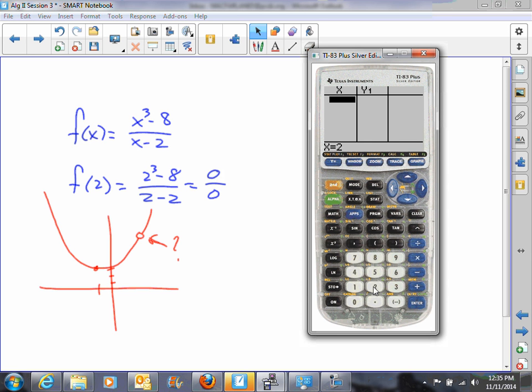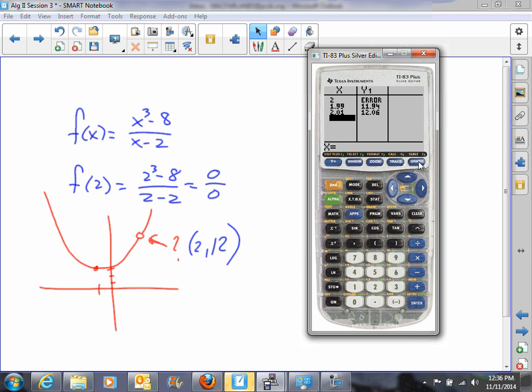Now if you put 2 in, it's going to say error, there is no value because it's 0 over 0. So if you put 1.99 in and 2.01 in, notice that those values are very, very close to 12. And if you look back at the graph, notice that the two parts of the graph are kind of squeezing in towards a particular point. And when you look back at the table, you can kind of infer from this that that point is the point (2, 12). So (2, 12) would be the place where the graph isn't.